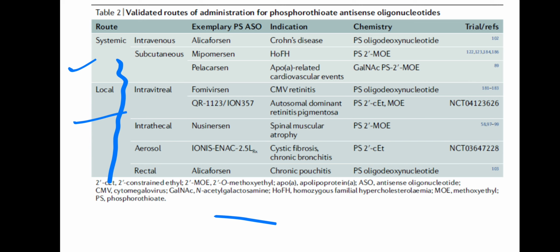And here you can see phosphorothioate antisense molecules, with different names, developed by different companies. Here are some diseases, the chemistry, and how the interaction works. For example mipomersen is PS 2'-MOE, where P is phosphorothioate and MOE marks the second generation, versus the first generation. This is a gapmer product.